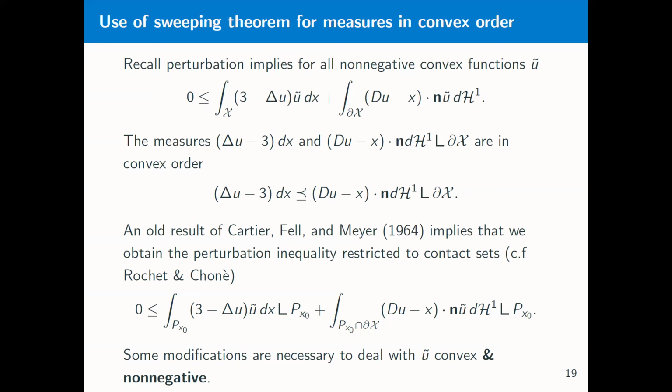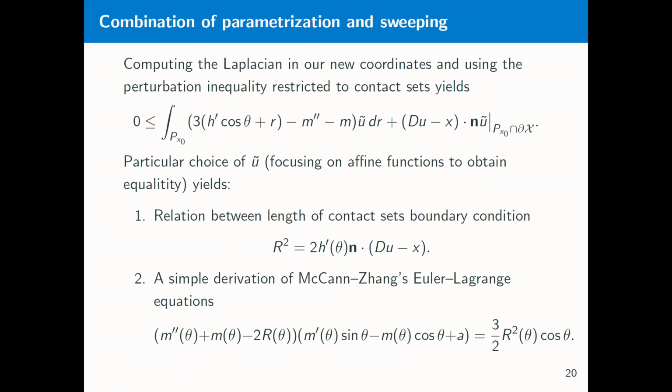So now we have two things. We've got our useful coordinates on each contact set, and we've got our perturbation inequality on each contact set. So we can combine these two things. And the way we're going to do that is we're going to compute the Laplacian in our new coordinates, and we're also going to compute that conditioning of those measures.